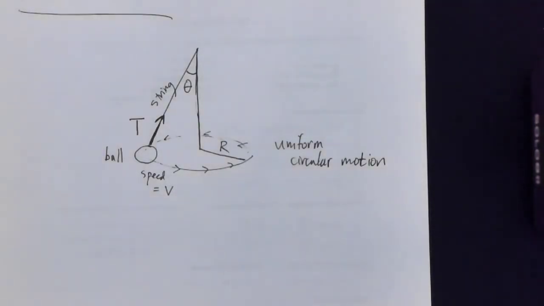Okay, so what do we know about uniform circular motion? We know that in order to go around a circle with speed v, with the mass m, with the radius r, there needs to be a net force, right? And that net force has to be what formula? m times what squared over what? Yeah, mv squared over r, okay?